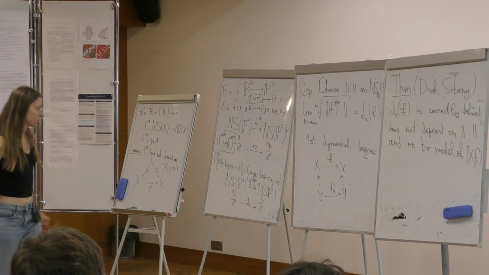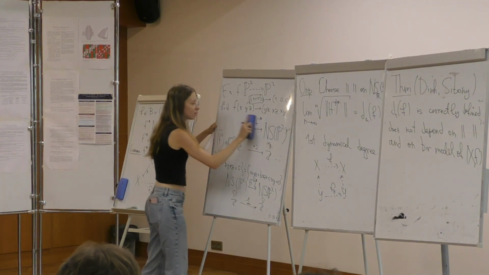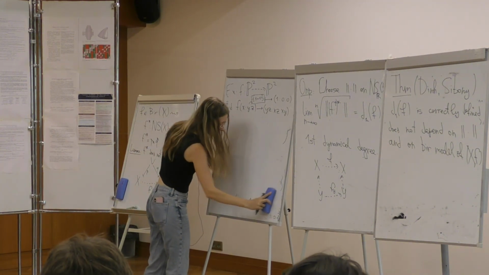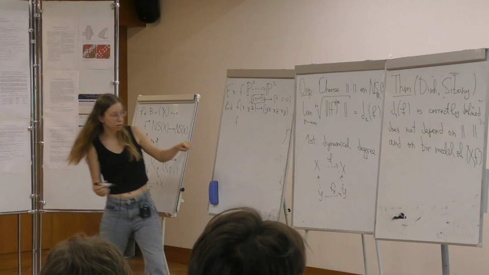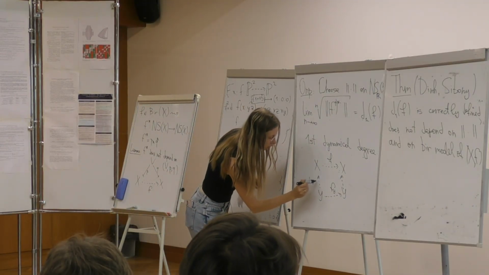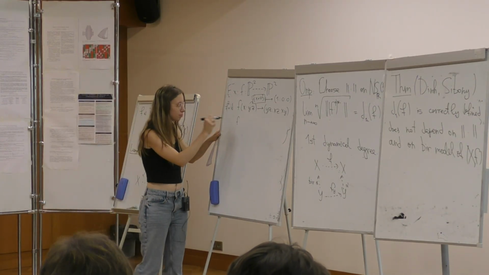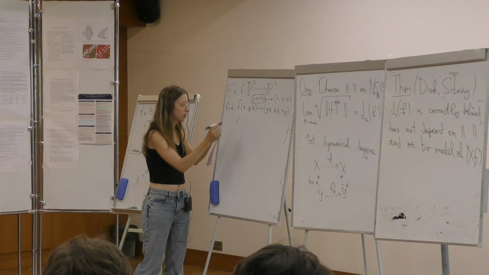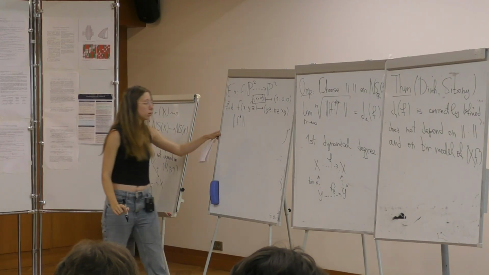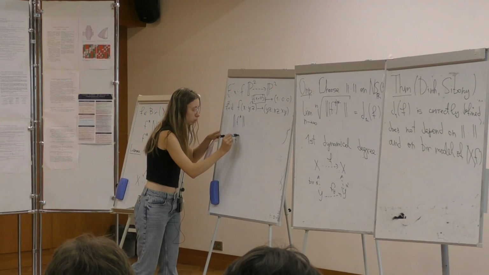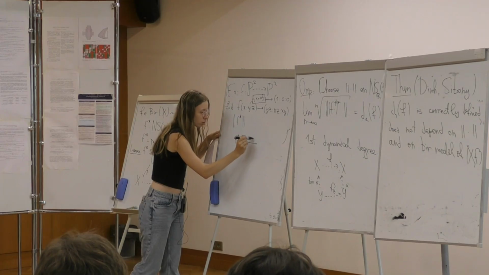Let's look at our example and try to understand what we have here. Let us compute the norm of the pullback of f. The pullback of f acts on the Néron-Severi group by multiplication by 2.